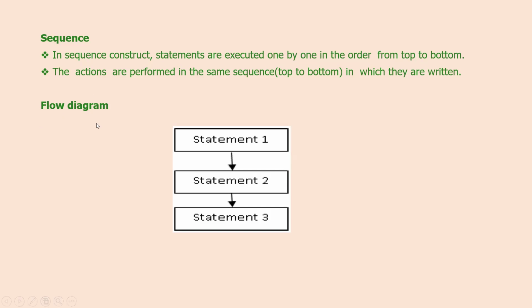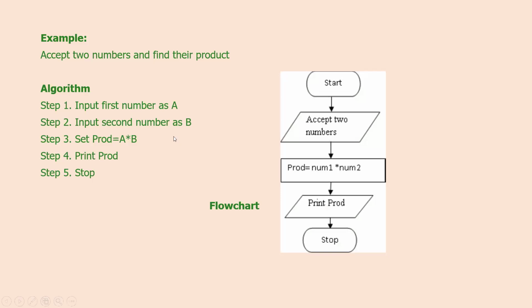The flow diagram for the sequence block: statement 1 will execute first, then statement 2, then statement 3. An example is given here: accepting two numbers and finding their product. In the algorithm, we will write the solution for finding the product of two numbers.